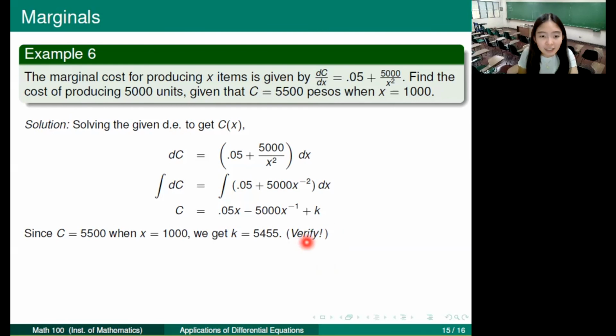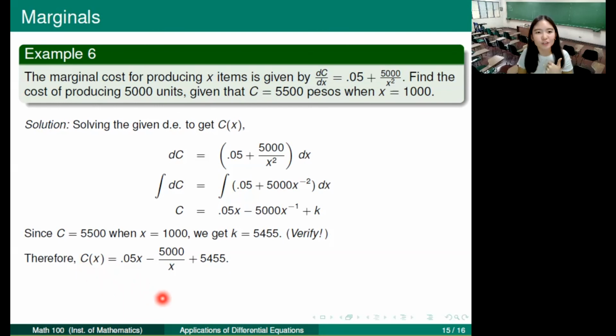So, makukuha na natin, in fact, yung ating total cost function, where this cost function satisfies na ang ating cost o ang ating gastos ay 5,500 kung 1,000 yung sinesell natin na items. But dito, ang gusto natin is the particular actual cost in producing 5,000 units. So, to get that, you just substitute x equals 5,000 here sa nakuha natin na total cost function.